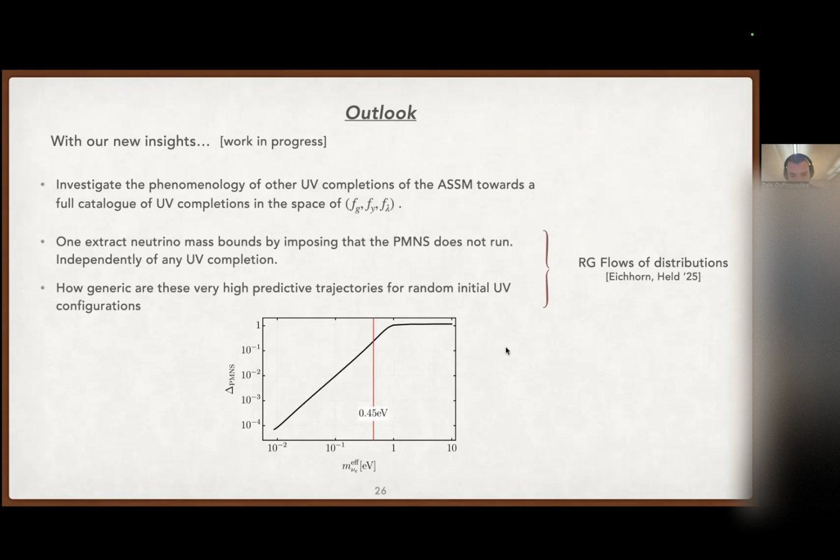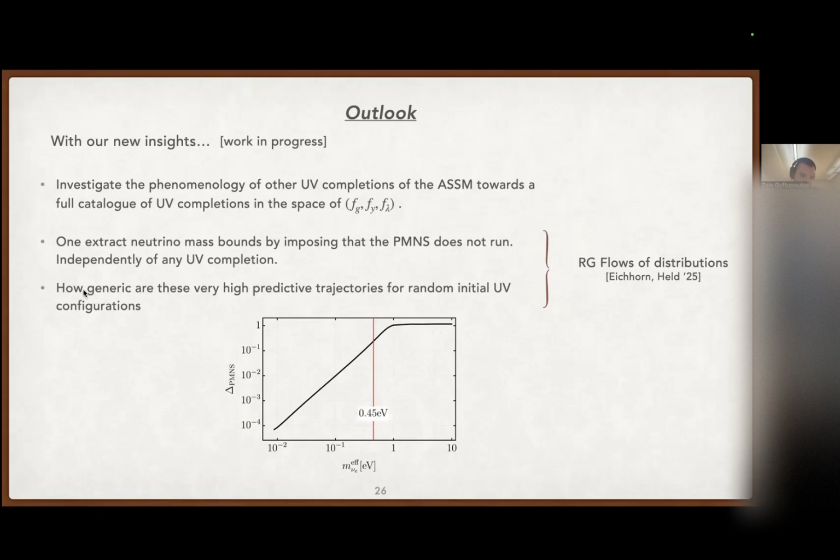Here you can see a preliminary plot that you can also find in the paper, which showcases this idea: if we assume that the PMNS does not run from the electroweak scale to the Planck scale, or that the change is less than 10%, we can extract a bound on the electron neutrino effective mass, which is measured by the KATRIN experiment. We can put bounds on how big this neutrino mass can be so that we do not have significant running.